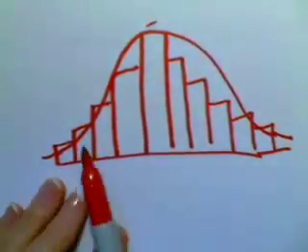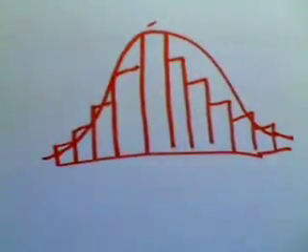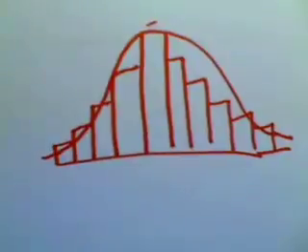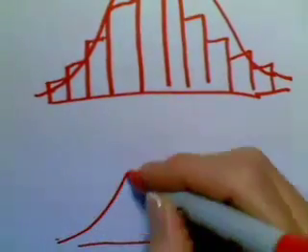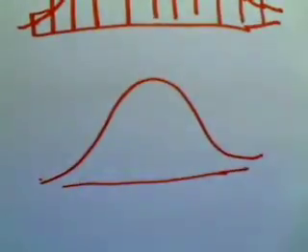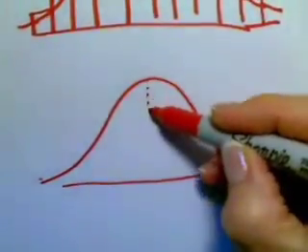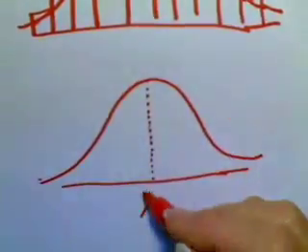So by plotting a histogram, you can judge how the data would look. We typically draw it as a smooth curve like this, the normal distribution. And the center of this normal distribution is where the mean is.